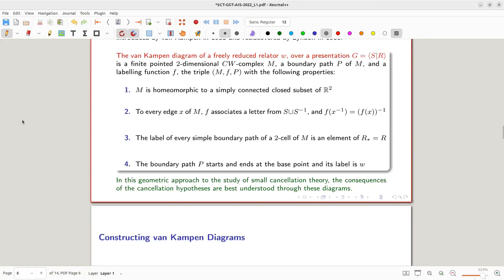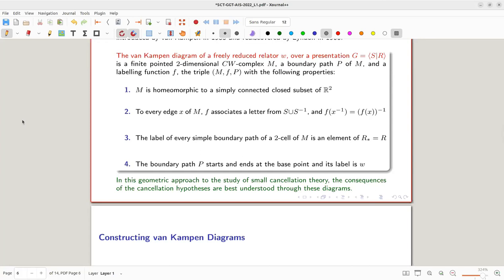The label of every simple boundary path of a two-cell of M is an element of R star. So what is that? R star is the symmetrized set of R, and we have taken R to be symmetrized, so that R star is equal to R. So the label of every simple boundary path of a two-cell of M is an element of R star.